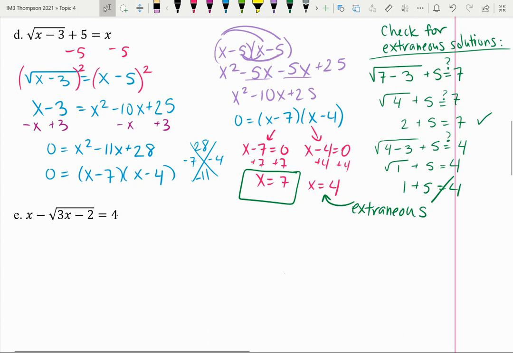So E says x minus the square root of 3x minus 2 is equal to 4. I need to get this square root by itself on one side of the equation. I can't get rid of the radical until I do that. So I'm going to move the x.